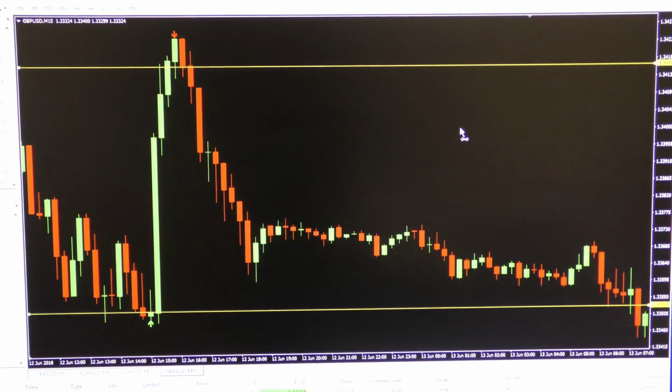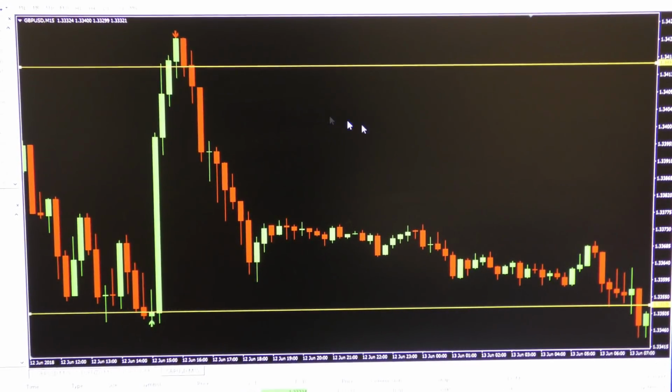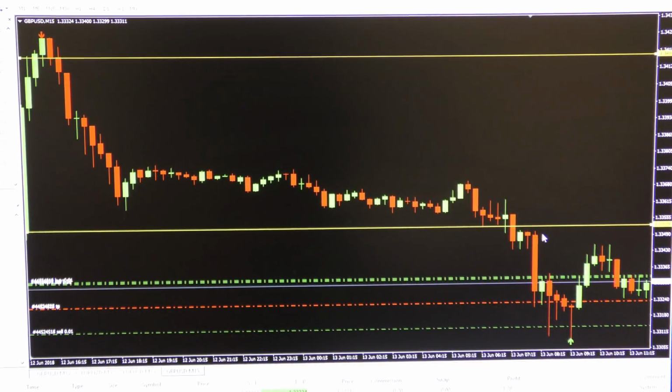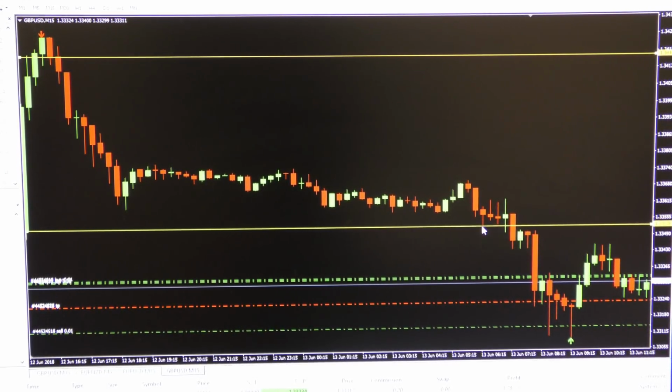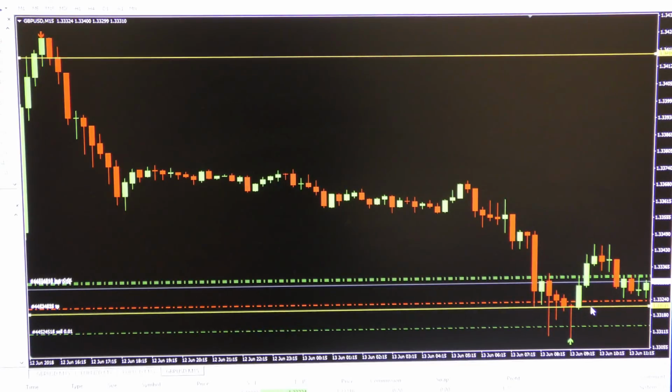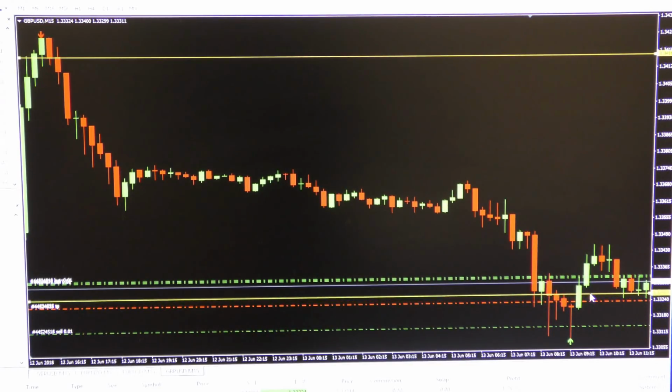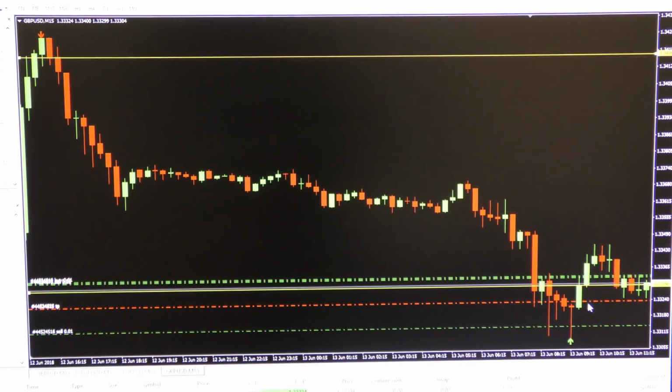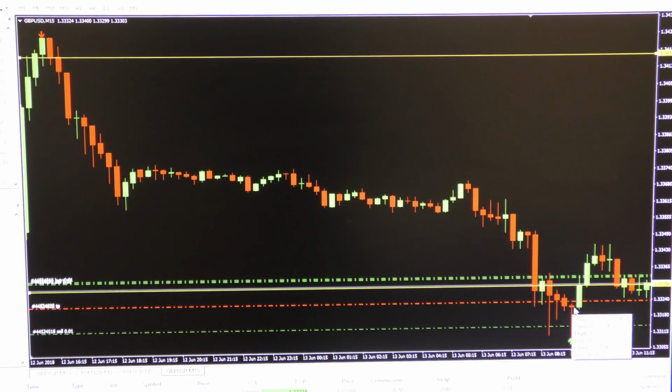Okay, now your next entry is here, and your next exit is here, right down here at the close of this green candle, because you have a green arrow. This candle didn't close as green, so wait for the next one.